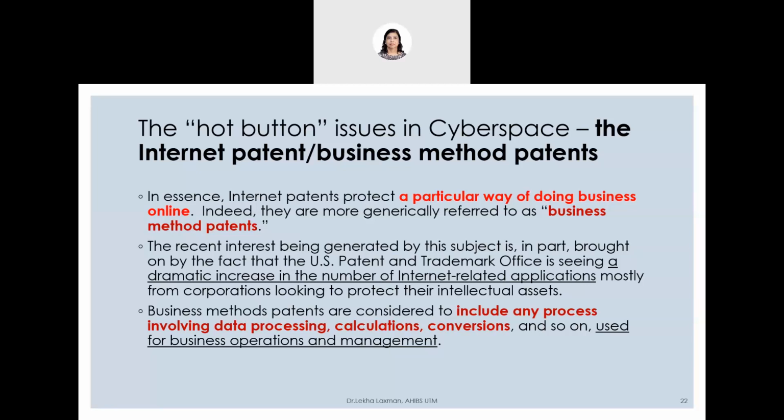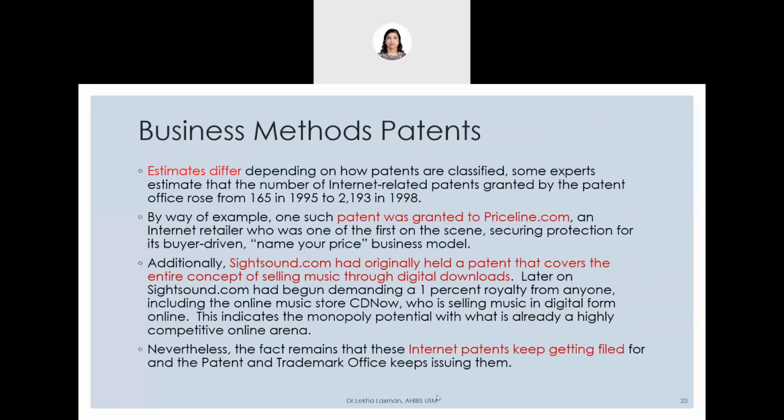And so the United States has already recognized it, and the US Patent and Trademark Office has also begun to process applications in this area. Business method patents began somewhere around 1995, and within 3 years, by 1998, you can see the number of applications and patents granted had grown, in just this short 3 years' time.